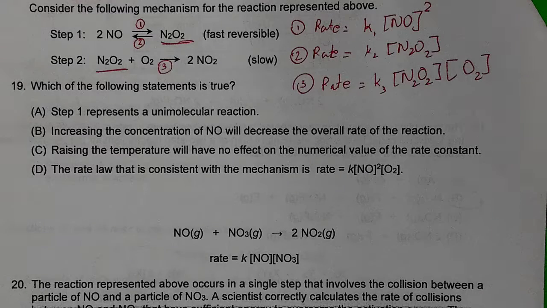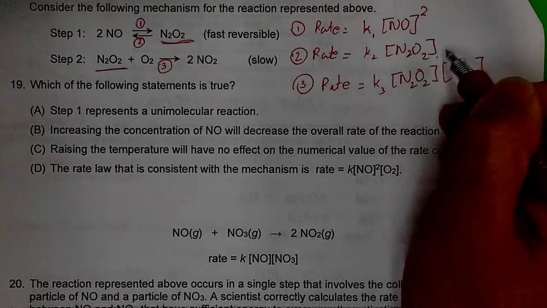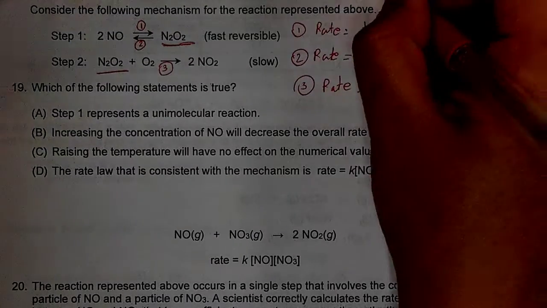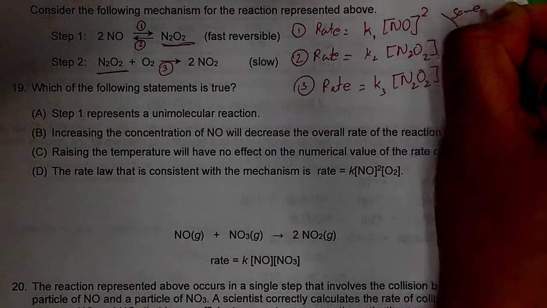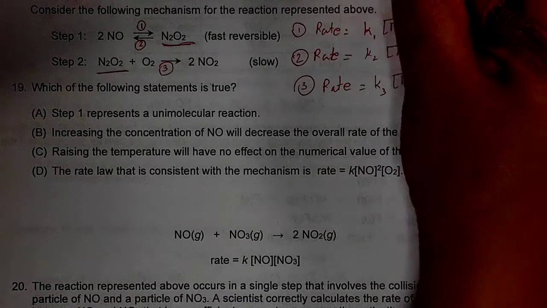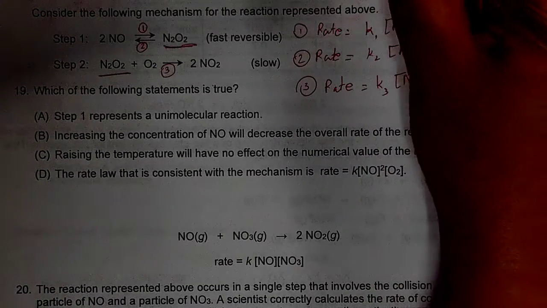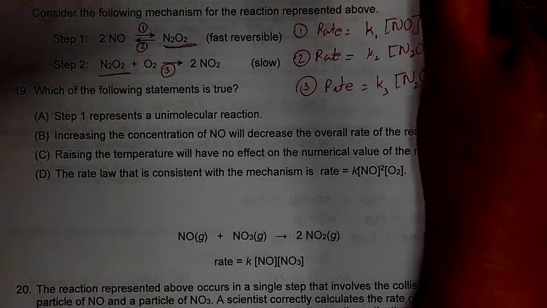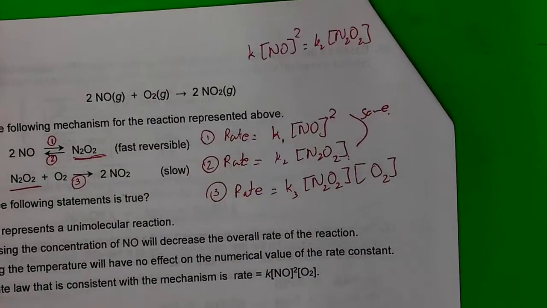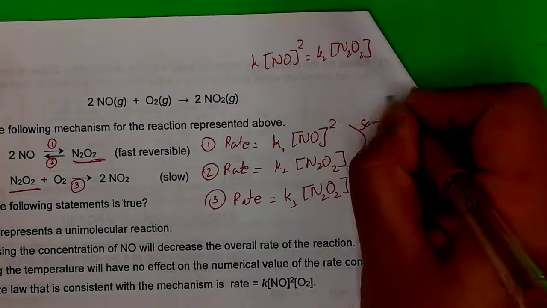Okay, see that? 1 and 2 is pretty much the same rate law, right? Because you're going forward and reverse, basically. So what you're going to do is set these up to be the same thing. These two are the same because they come from the same thing. So we say K1 NO squared is equal to K2 N2O2. Okay. Make sense? That's what we're getting at.